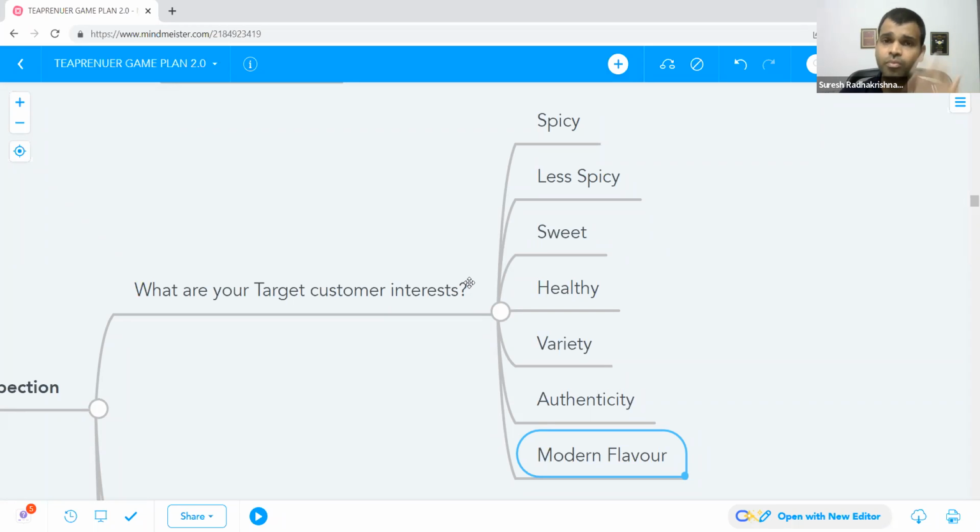Right? So do they expect variety? Do they expect authenticity? Traditional items with a modern flavor. In fact, when we wanted to offer unique items with respect to tea, we offered something called Kapuravalli tea. Kapuravalli is a plant whose leaves are good for cold and cough. We prepared tea using that leaf. We had that in the menu.